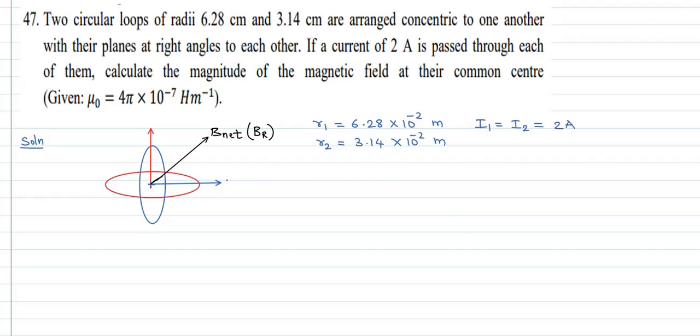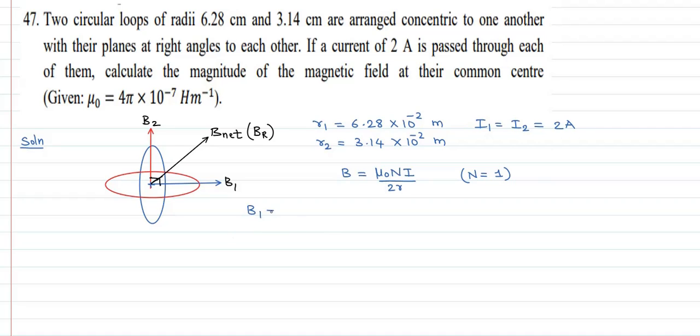First we will find B1 and B2. Then as the angle between them is 90, we will find the resultant. So first, magnetic field at the center. The formula is B is equal to mu naught N i divided by 2R. In both cases N is equal to 1.